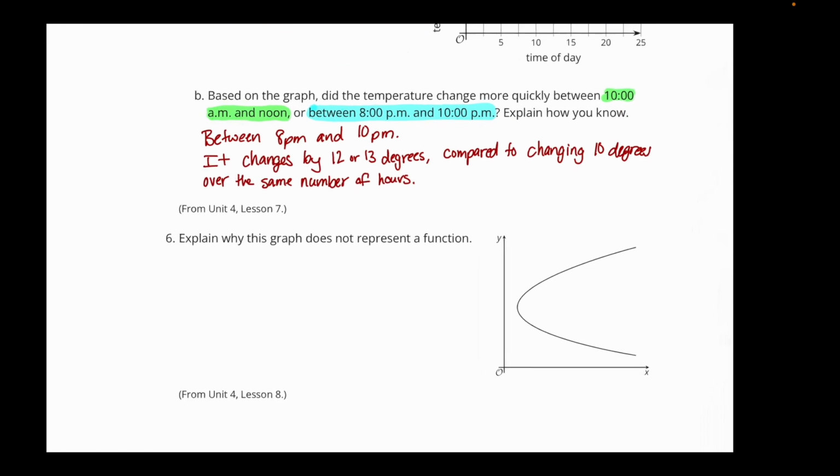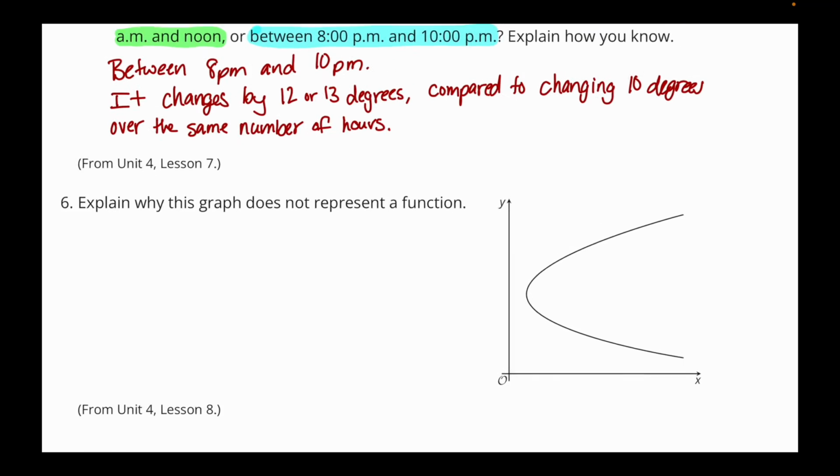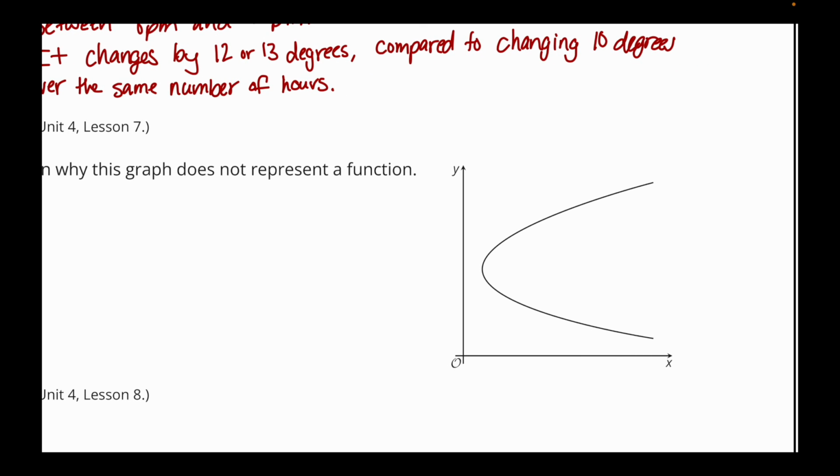Okay, question 6 is asking us to explain why this does not represent a function. The reason for that is because at certain inputs, I have multiple outputs. There is something that we call the vertical line test. So I'm just going to draw myself a vertical line here and make the tablet snap it so it's nice and straight.